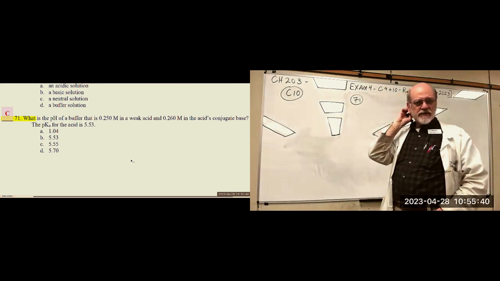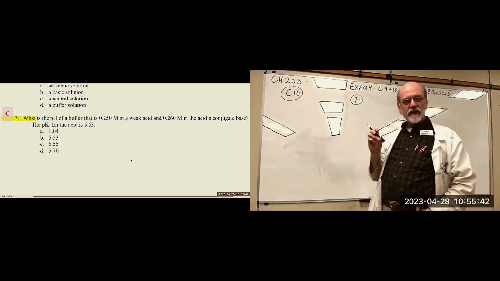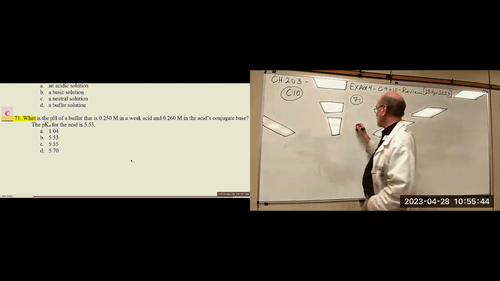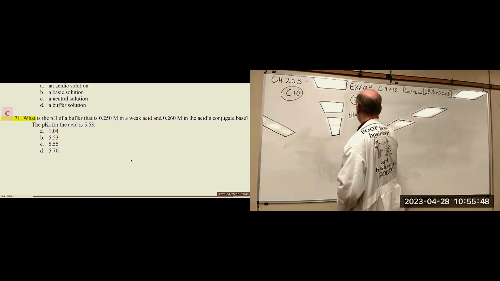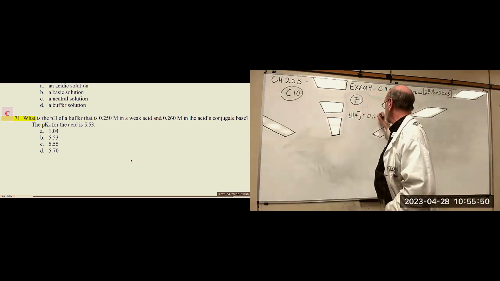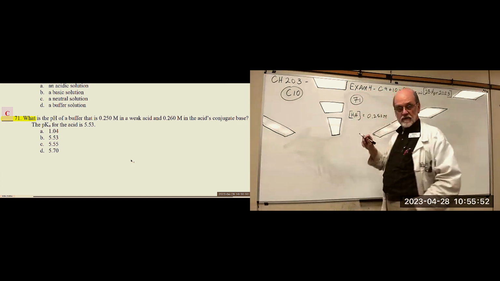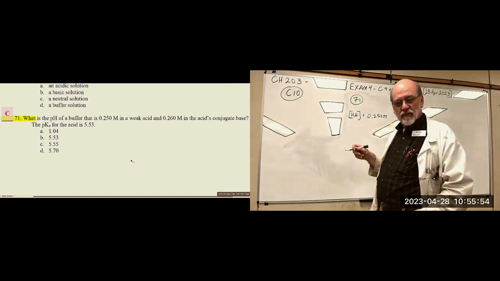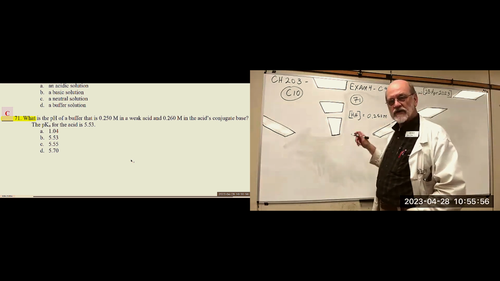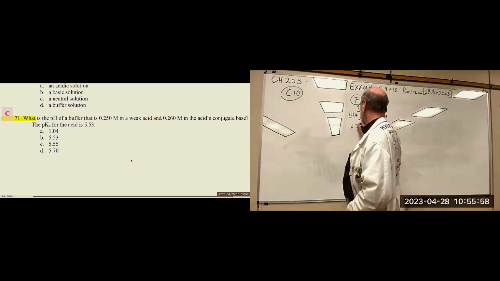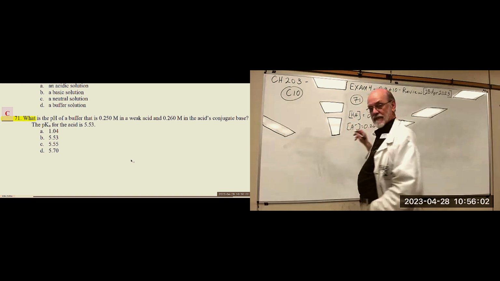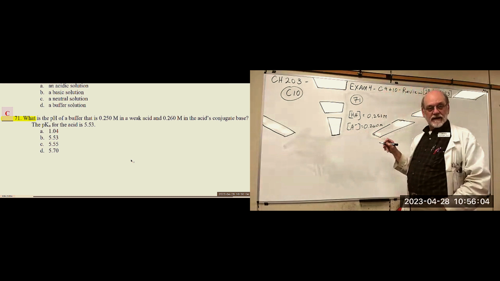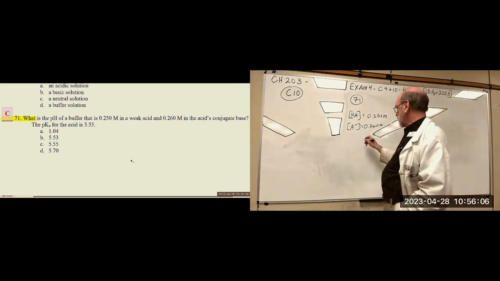71. What's the pH of a buffer that is 0.250 molar in weak acid and 0.260 molar in the conjugate base? Okay? And the pKa of the acid is 5.53.